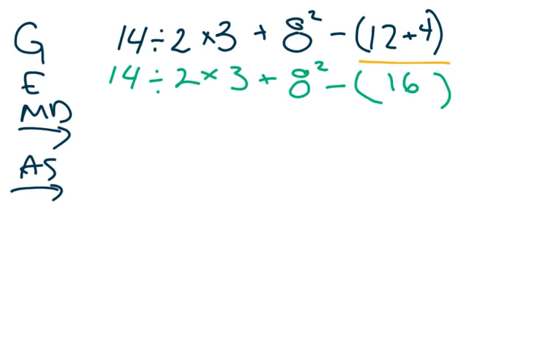Now, I like to keep my parentheses just to be safe because sometimes you'll see numbers snuggled up right outside your parentheses. That means that we're multiplying. And if you drop your parentheses, you might accidentally think, oh, that's the number 216. Definitely not the case.